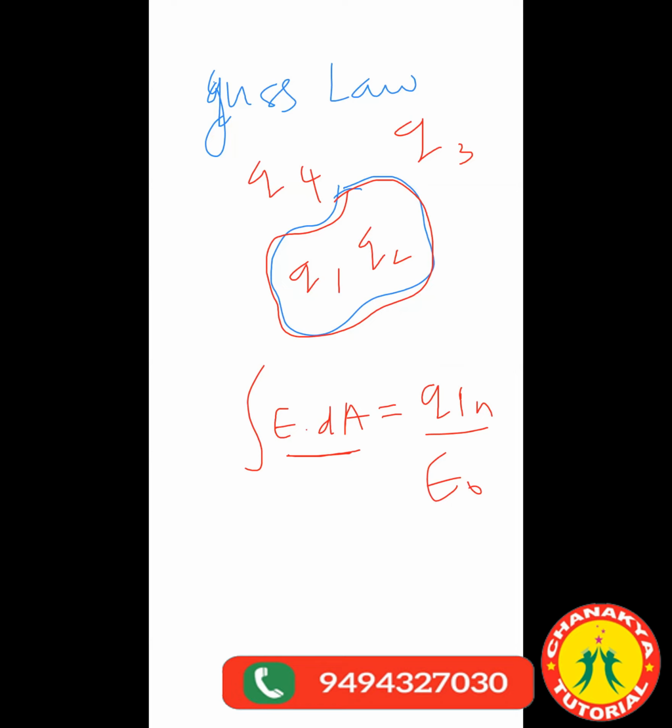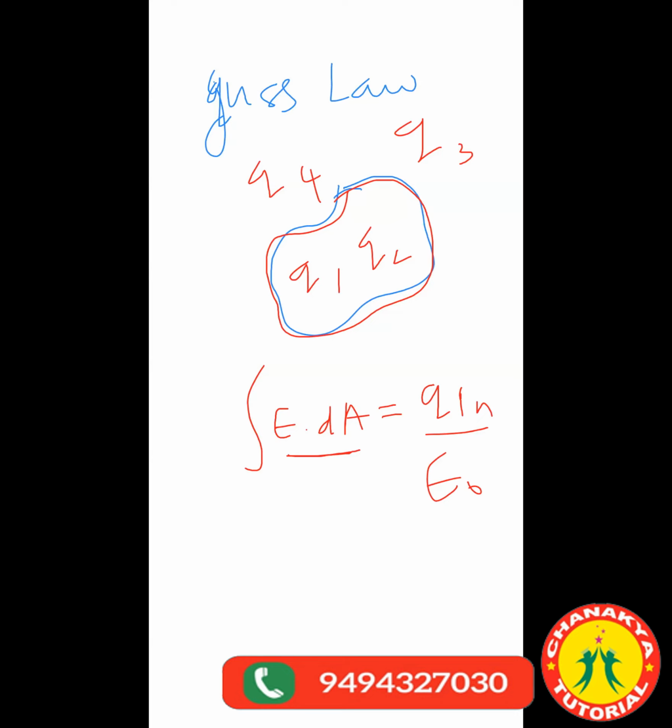So it is not due to Q1, Q2 only. That's why I am pointing this out. It is due to Q1, Q2, Q3, Q4, all the charges present in the universe. It is not just Q1, Q2.